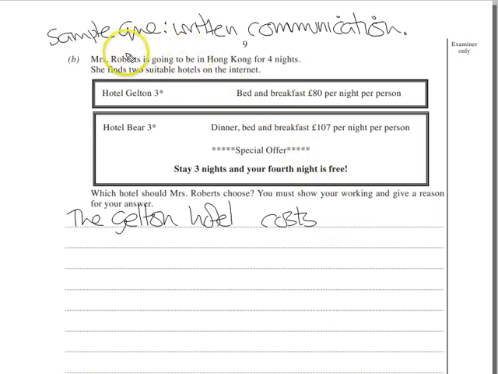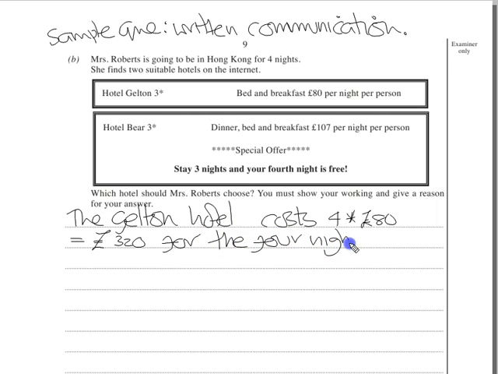So if she was going to the hotel, which is what the question says, it would cost 4 times 80. 4 8s are 32 with a 0, so that's 320, isn't it? £320 for the 4 nights for one person.